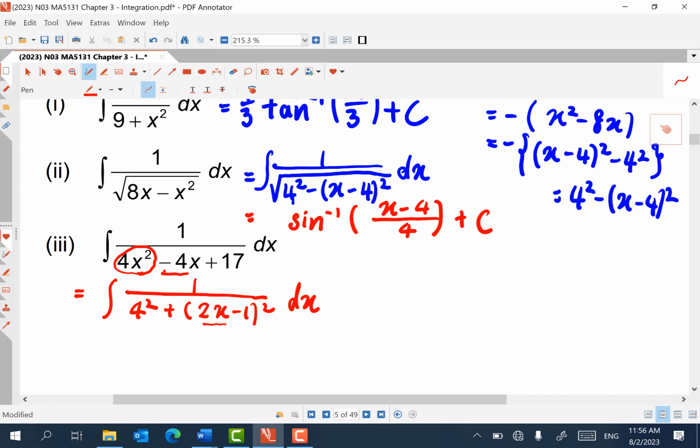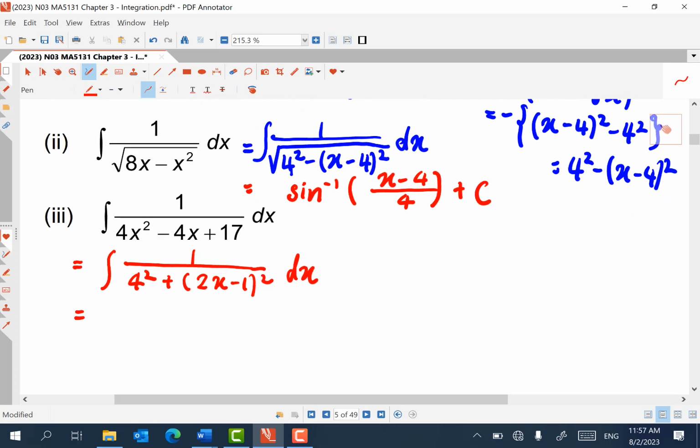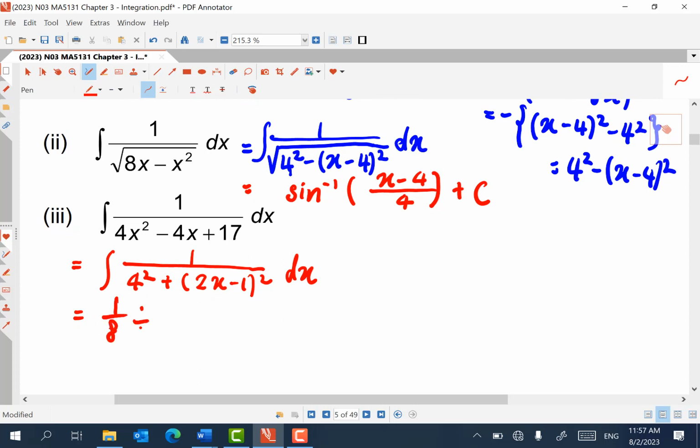In expanding, you say twice the first and second. In the reverse order it will be half; instead of times, you divide by the first. So half the minus 4, which is minus 2, and then divide by the first. The first is 2. So minus 4 divided by 2 is minus 2, divided by 2 is minus 1. So then once you have the completed square form, press on. Good. Brilliant. You learn well, not bad.